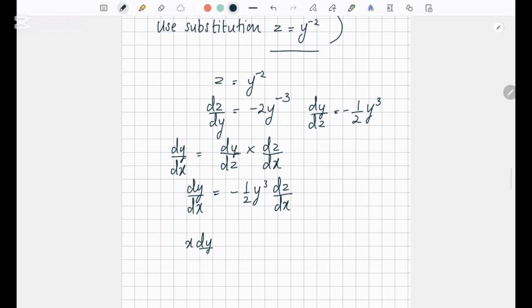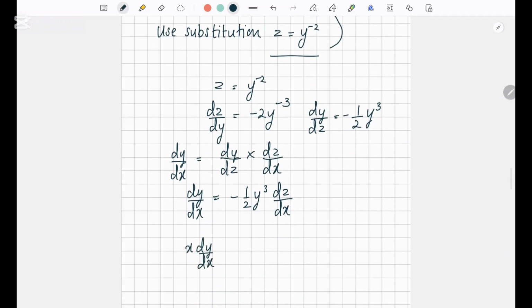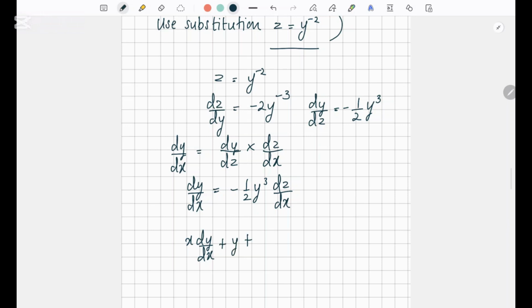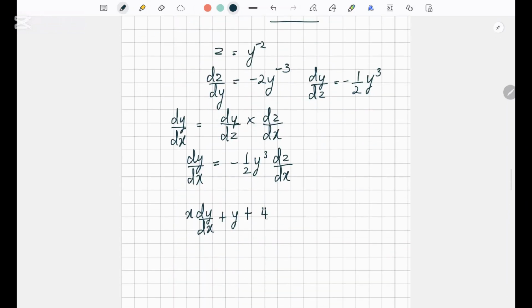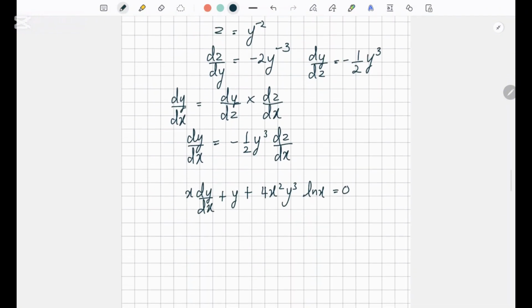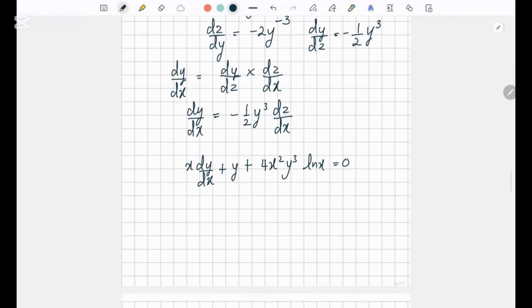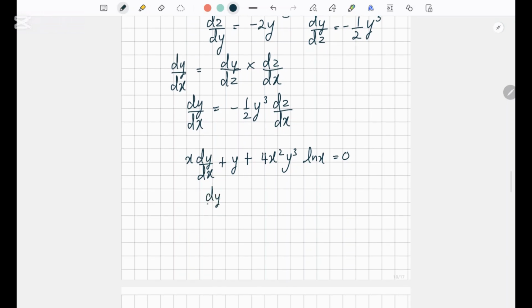Okay, so let's go into the question. x dy over dx plus y plus 4x squared y to the power 3 ln x equals 0. So what I'm going to do now is I'm going to divide every term by x. So dy over dx plus y over x plus 4x y to the power 3 ln x equals 0, right?